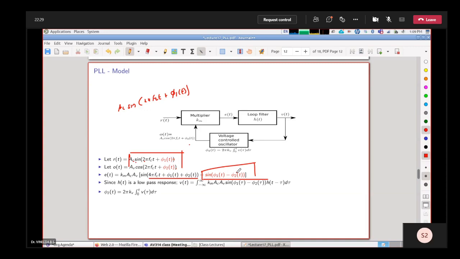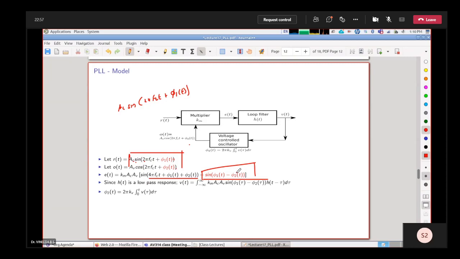We are trying to have a simple model of this PLL in order to understand how the system behaves if R of t is a sinusoidal signal with some phase phi 1 of t and O of t is some signal with phase phi 2 of t. We want to see whether this closed loop system will finally work in a way such that phi 2 of t becomes equal to phi 1 of t.